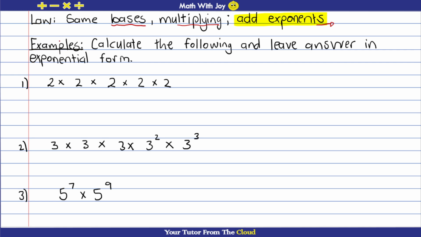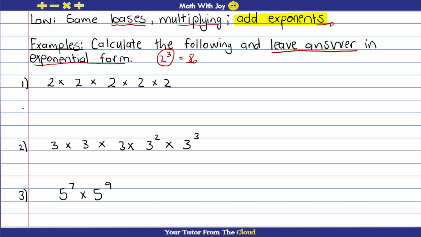We need to calculate the following, and they tell us to leave our answer in exponential form. So that means that if my answer is 2 to the power of 3, I do not write down what 2 to the power of 3 is. We know it's going to be the value 8. So let's just leave it in exponential form as 2 to the power of 3.